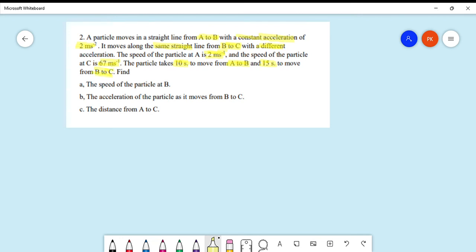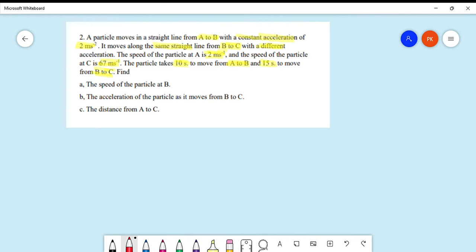Okay, that means the journey from A to C is now divided in two parts, from A to B with a constant acceleration, and from B to C with a different constant acceleration.